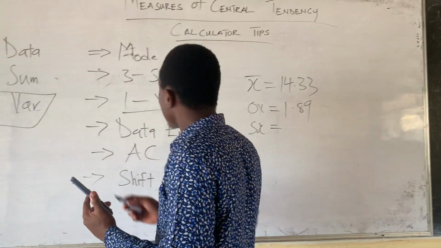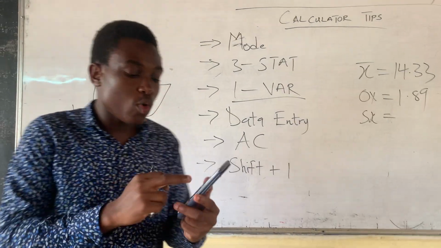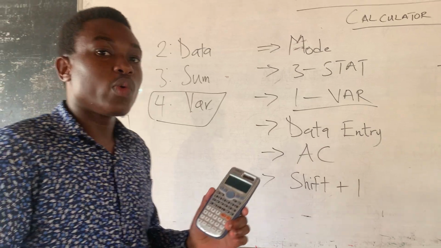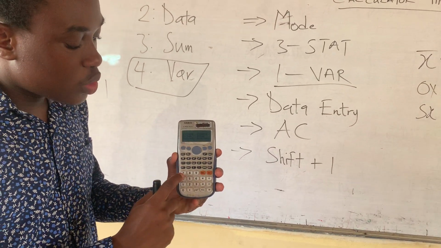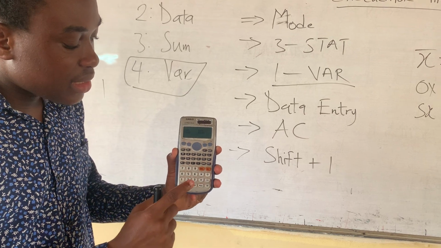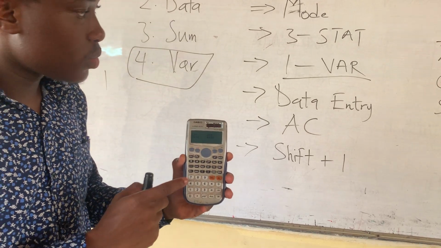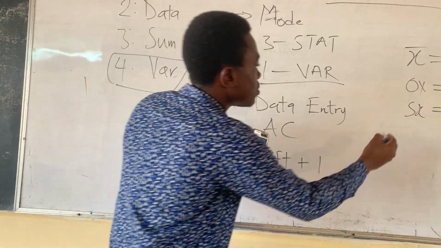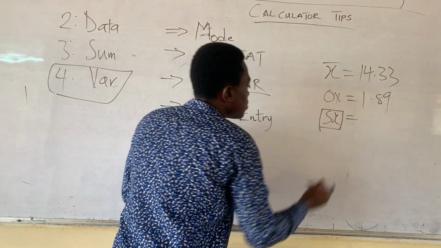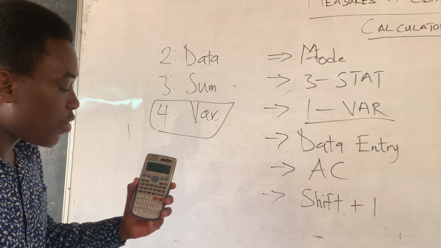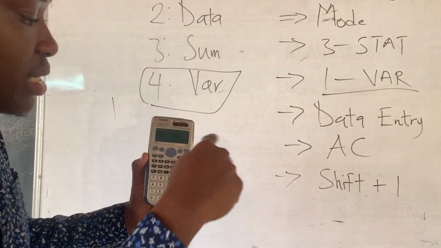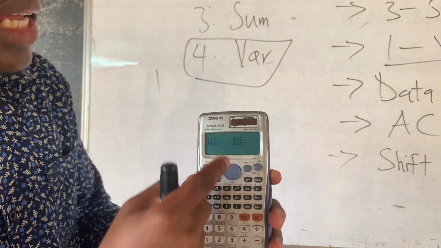And now we are going to look at the next, which is the sample standard deviation. So we repeat the process again. So shift 1, then we go to 4. Then this time around we select 4. That is the one with the S and the X, which is our sample standard deviation.